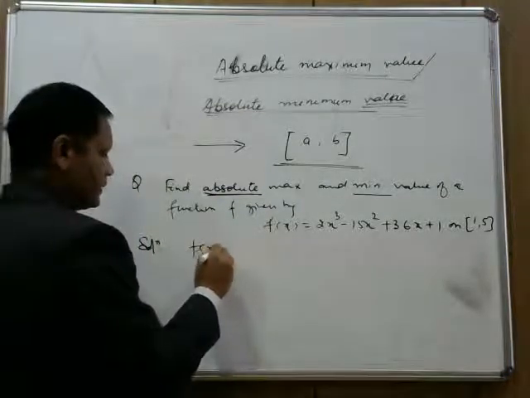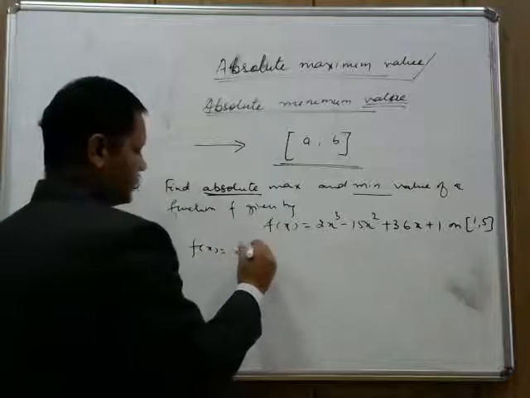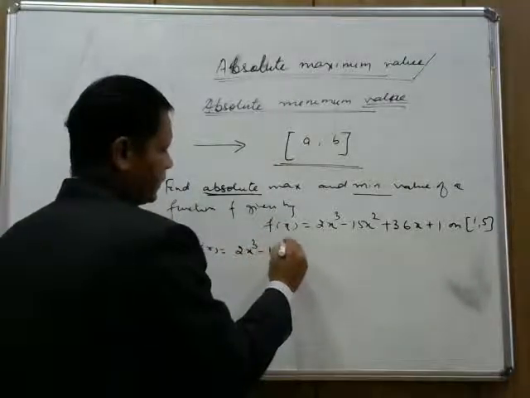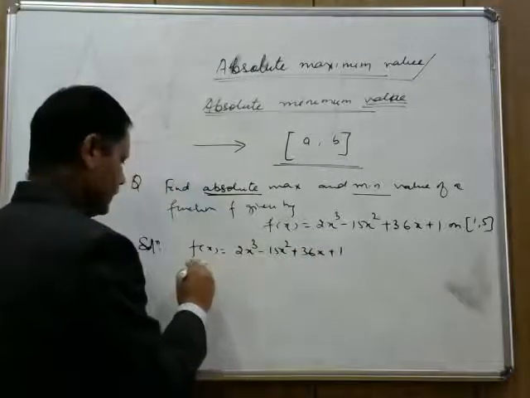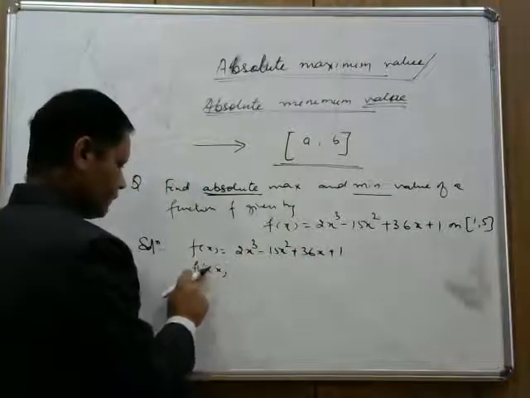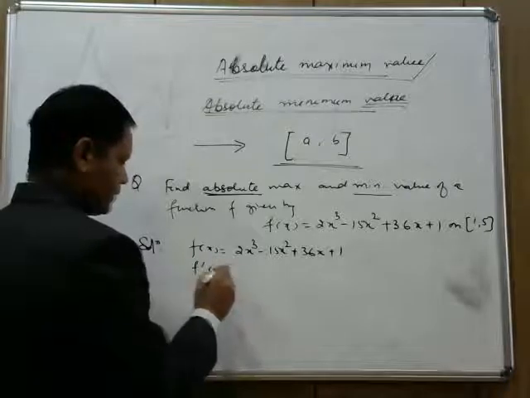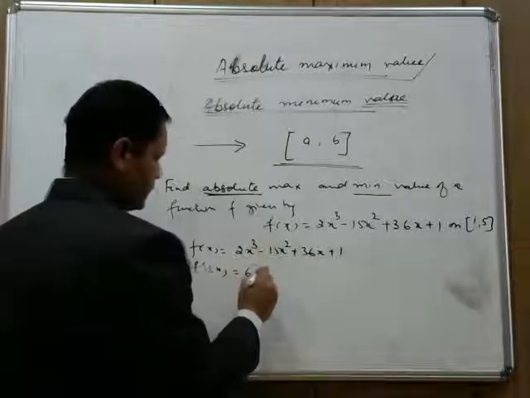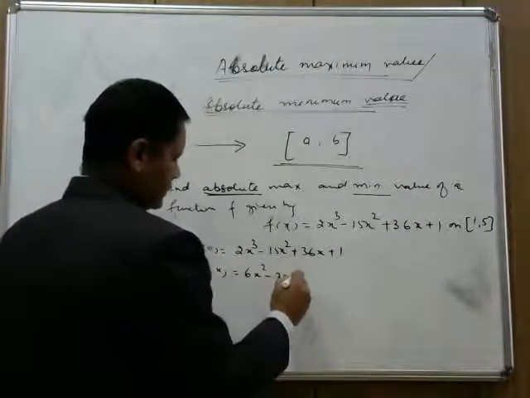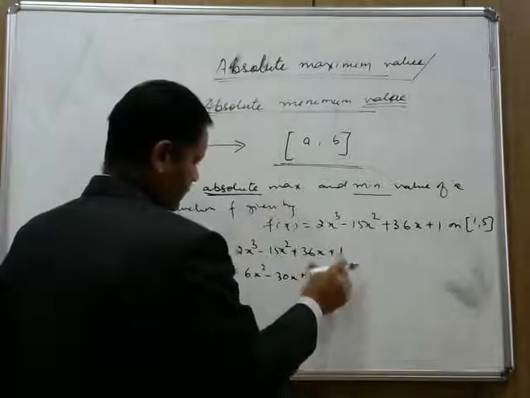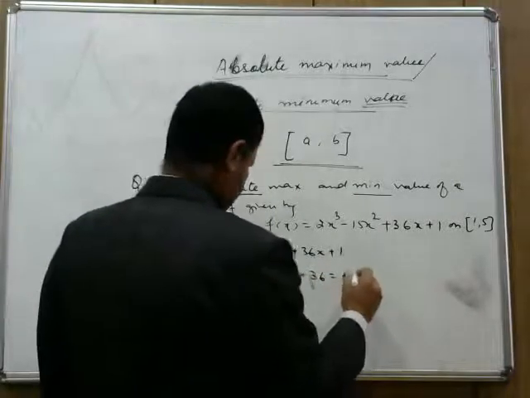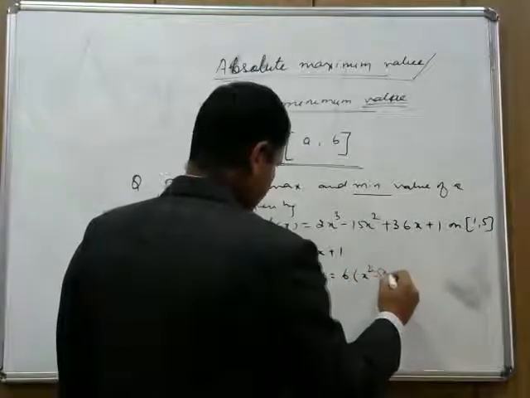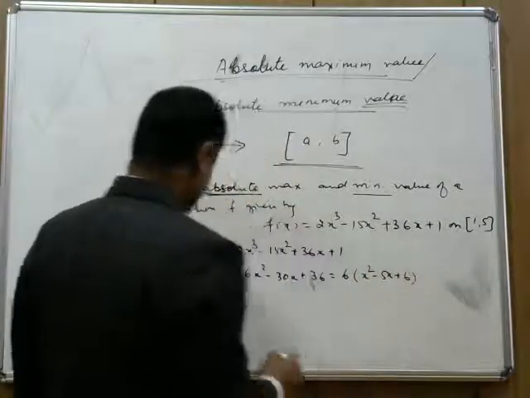f of x is equal to 2x cube minus 15x square plus 36x plus 1. f dash of x is equal to 6x square minus 30x plus 36, which I can write as 6 times x square minus 5x plus 6.